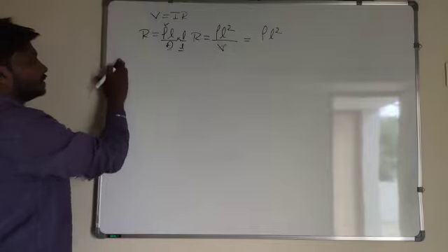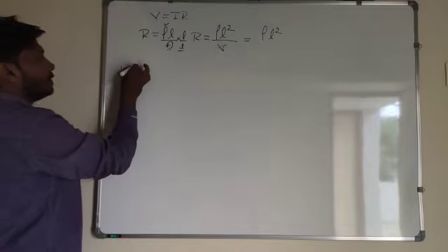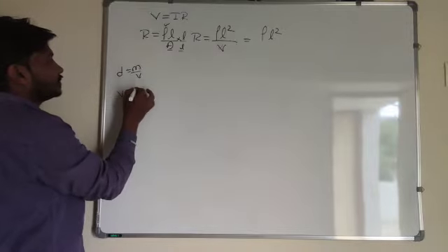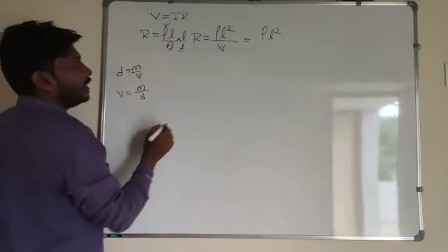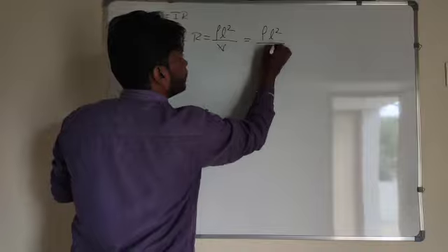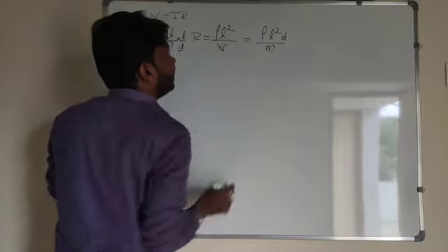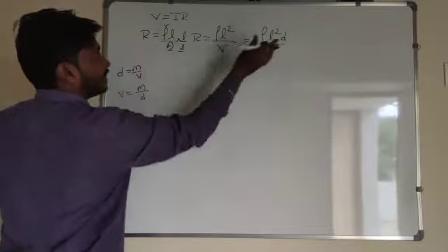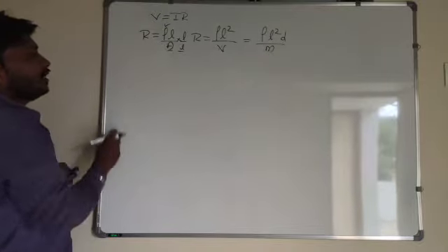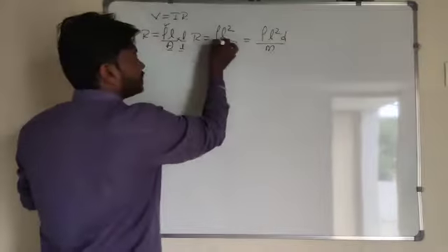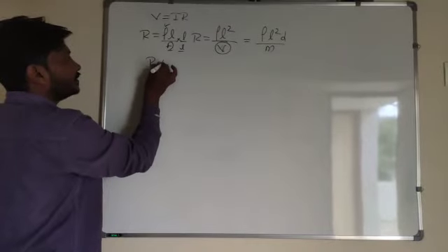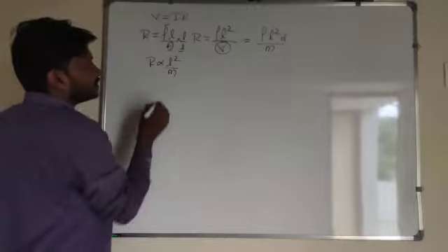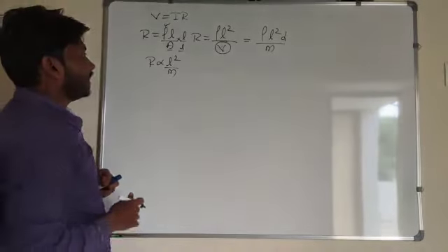Density is mass per unit volume, so volume is equal to mass by density. These are the resistance dependence factors if the volume is constant. If the volume of the wire is constant, resistance is directly proportional to the square of its length and inversely proportional to its mass.